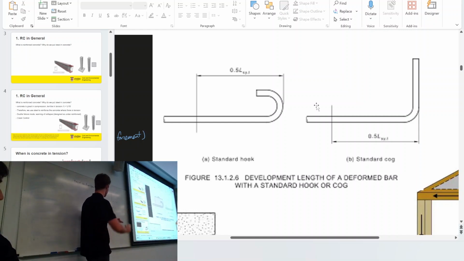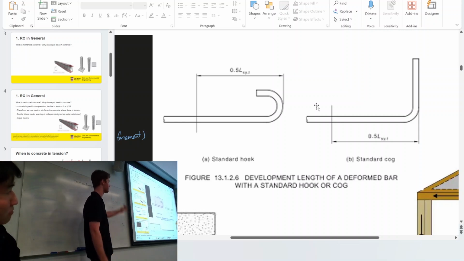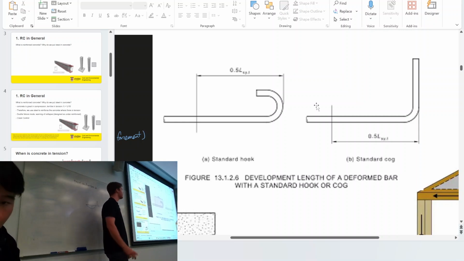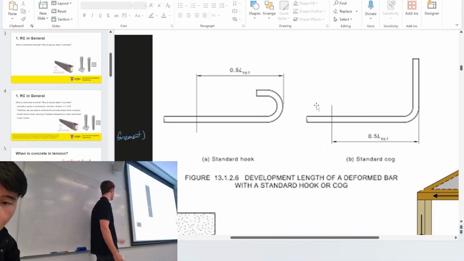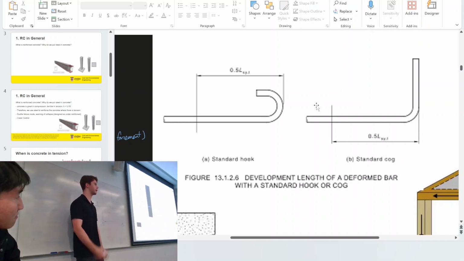If I bend this beam and it sags, this is all going to be in tension, but to make sure it's all engaged, I need to cog or hook the rebar. Those are other terms which you'll see throughout the course as well. It's just to engage that and make sure it actually works.